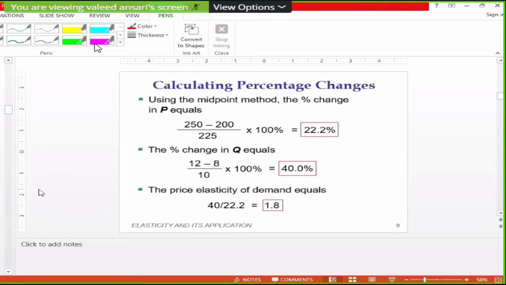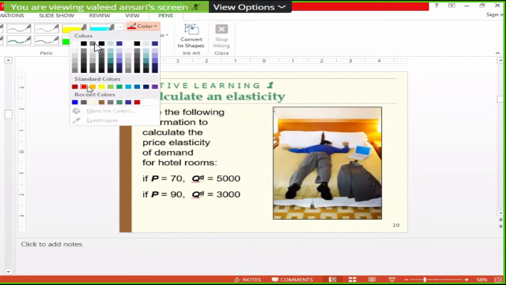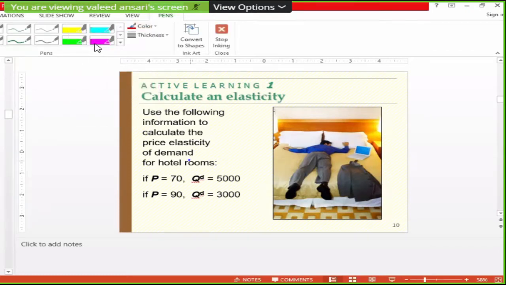this problem. Let us see here. This example is given here. Okay. The price is 70, quantity demanded is 5000. The price goes to 90, quantity demanded is 3000.